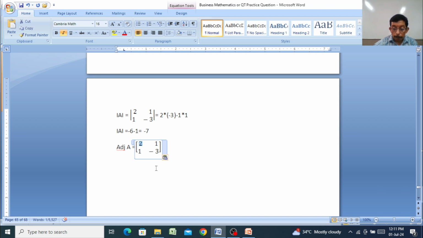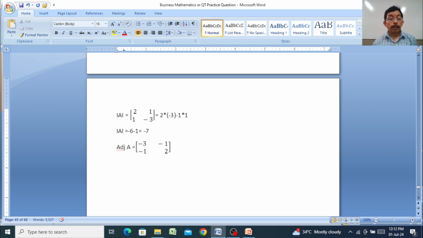So 2 is replaced by minus 3 and minus 3 is replaced by 2. And change the sign of the other elements, minus 1 and minus 1. This is the adjoint of A.